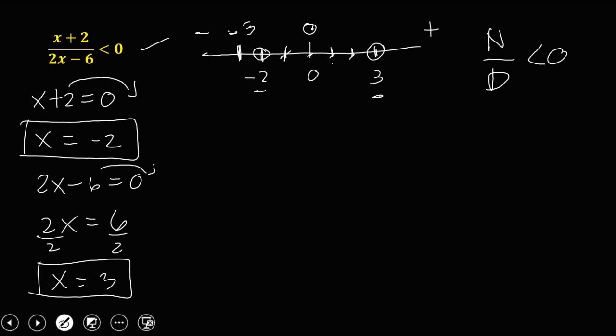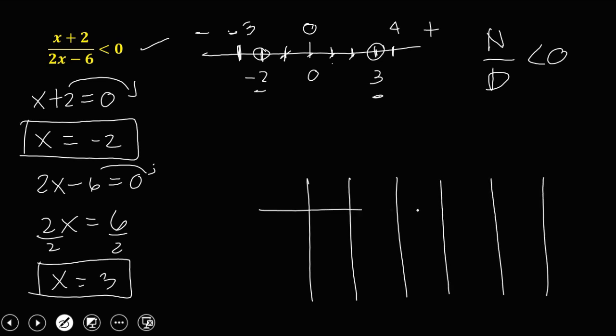And after your last critical value, that's 4. So these are the numbers we're going to test. Then in a sign analysis table, we have x: negative 3, negative 2, 0, 3, and 4.